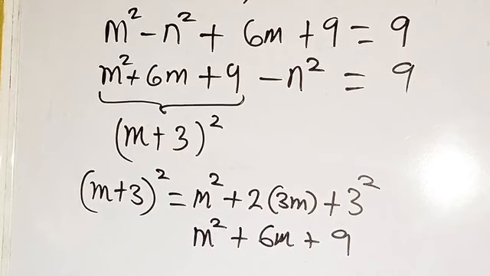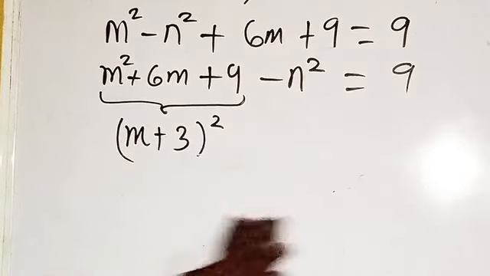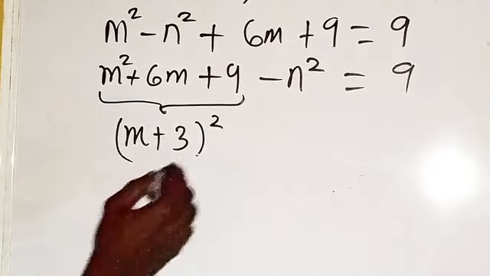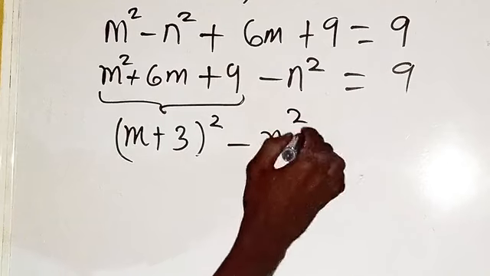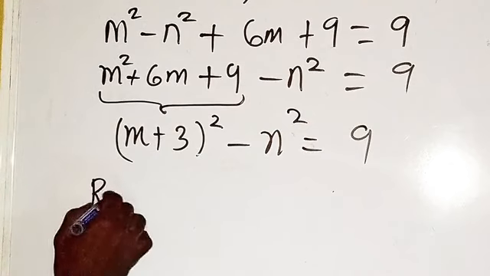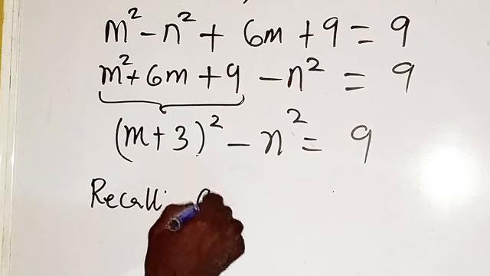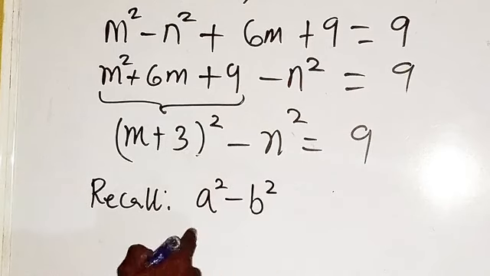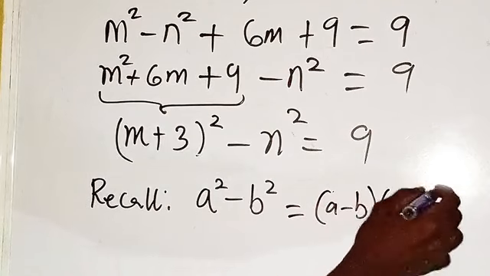So I'm going to erase this. Then I have (m plus 3) squared minus n squared equals 9. Now from there, I want us to recall that we have a squared minus b squared, the difference of two squares, which is (a minus b)(a plus b).